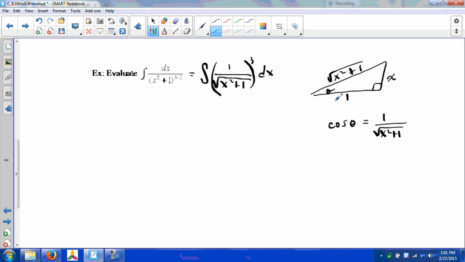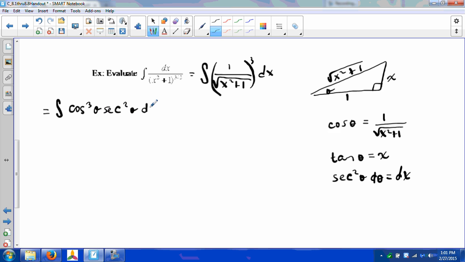And then I need dx. So opposite over adjacent. So the tangent of theta is x. So then secant squared theta d theta equals dx. Okay, so then this is the cosine cubed theta, and then dx is secant squared theta d theta.